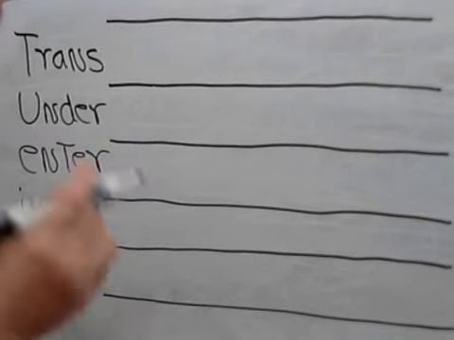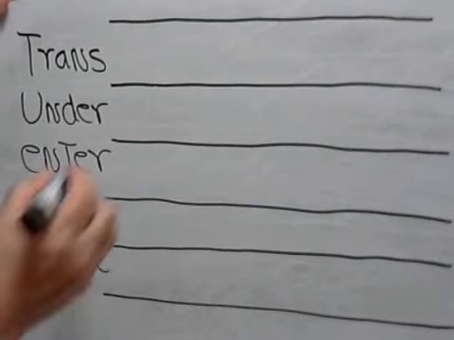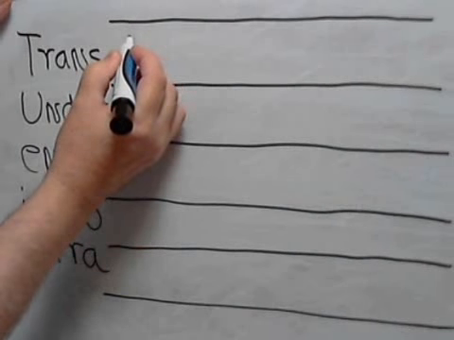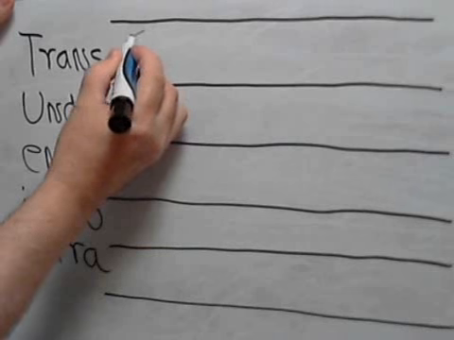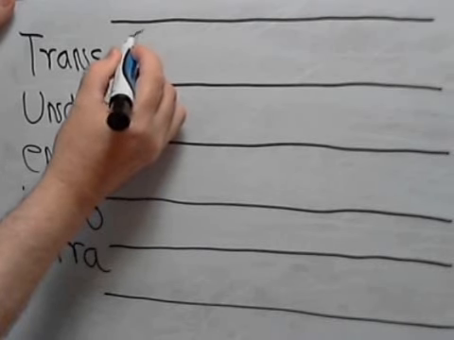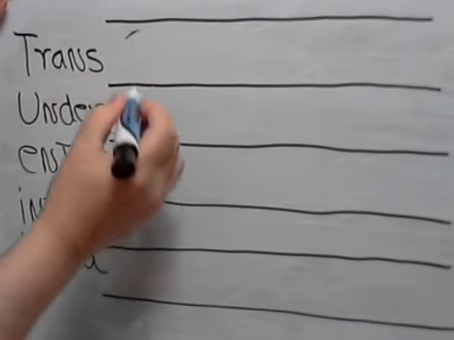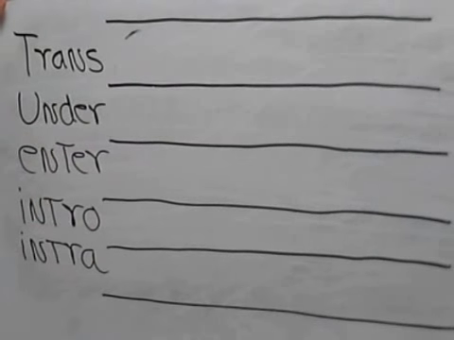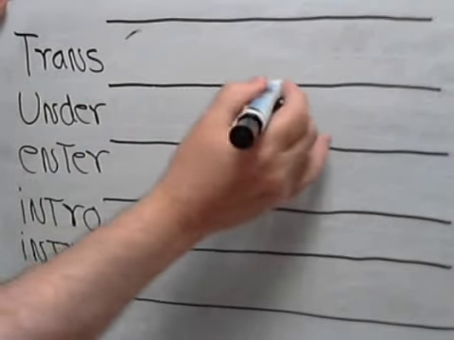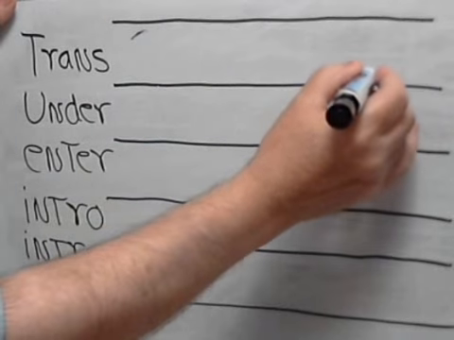In Gregg Shorthand, any word that starts with trans, we make a little T above the word. Now in Gregg Shorthand, if we wrote that on the bottom line, that would be at or it. Let me do it down here.